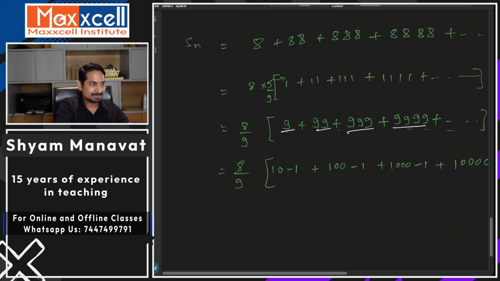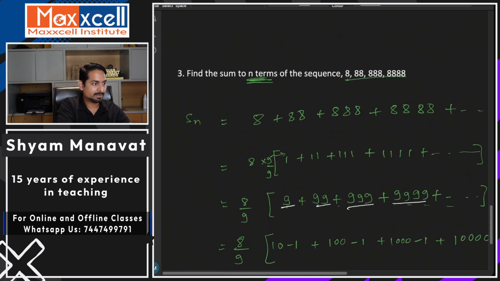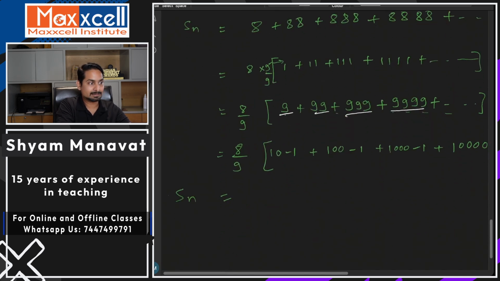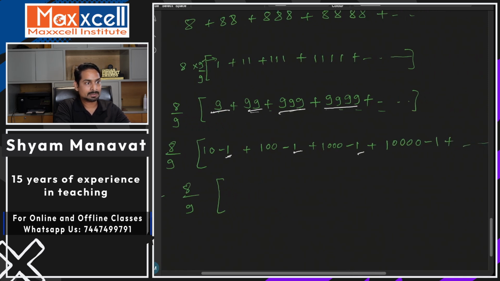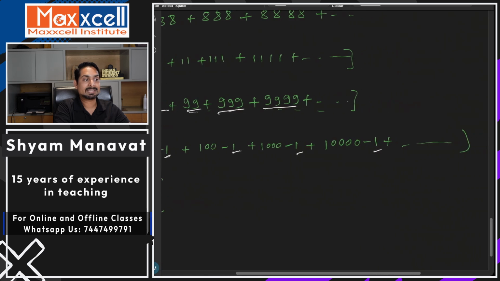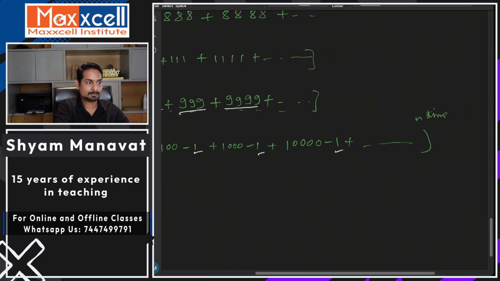Now, you understand we need to find the sum of n terms. So you got n terms here. Now look at this. I will take all this -1 from each term: first term -1, second term -1, third term -1, fourth term -1, and this -1 will be there with you n times.